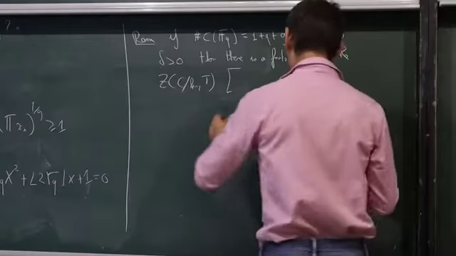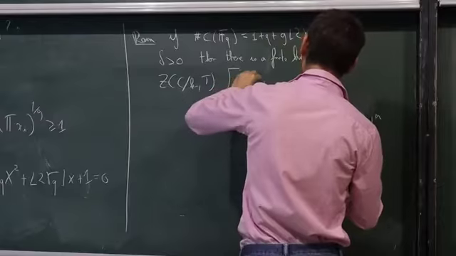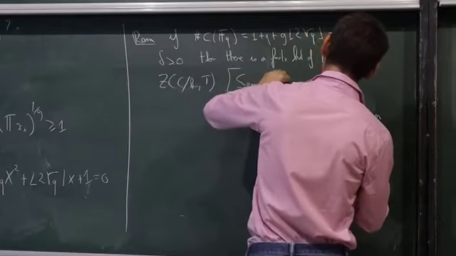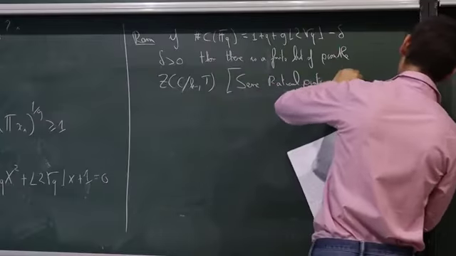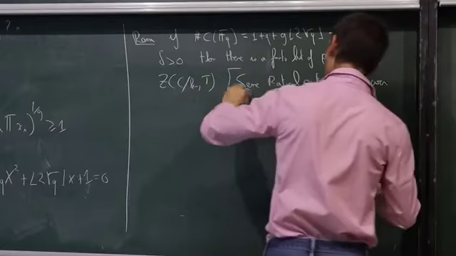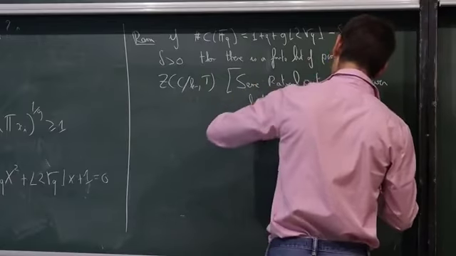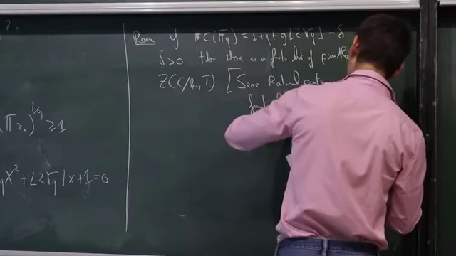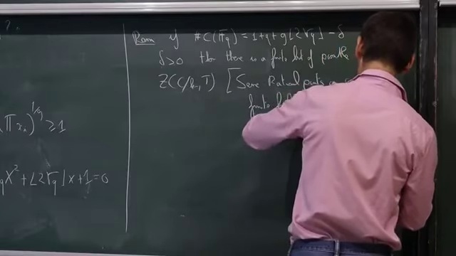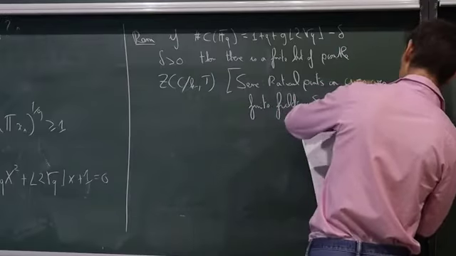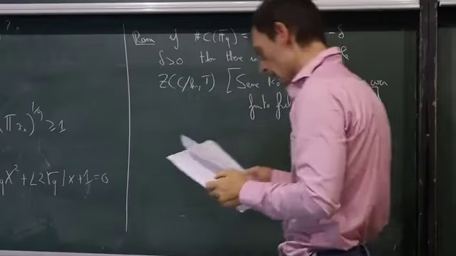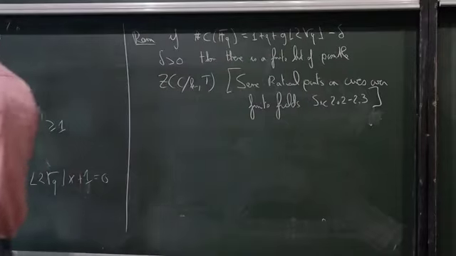The book is called Rational Points on Curves over Finite Fields. And you should look more precisely at sections 2.2, 2.3. Okay? And there it is explained how to do this.